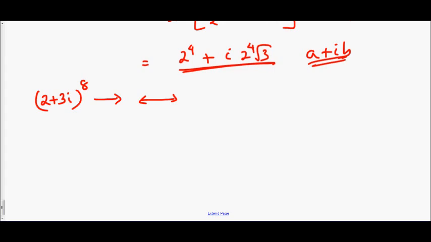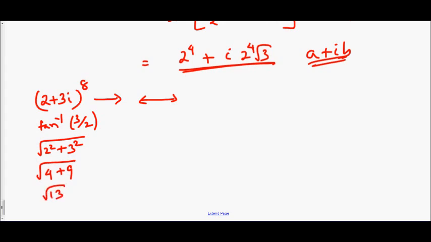If this is a question in paper 2, then you might have to find tan inverse of 3 over 2, and you may have to find the square root of 2 squared plus 3 squared, which is 4 plus 9. You can keep it as square root of 13, but in case you are supposed to give the answer in decimal form, then you might need your calculator. I insist that you use the calculator only for this in case it is necessary, but you better keep this as square root of 13 till the end.